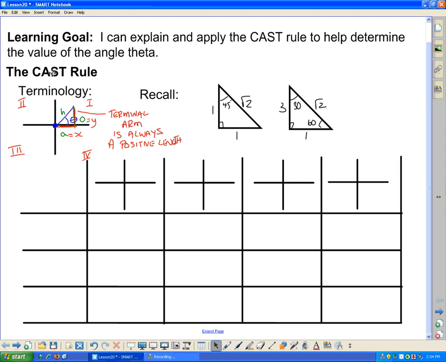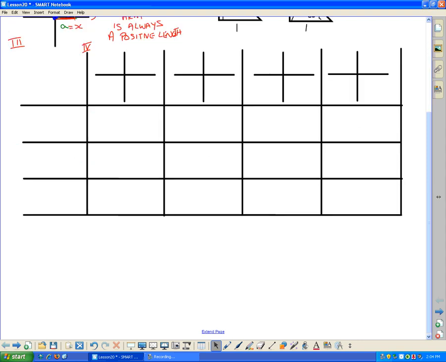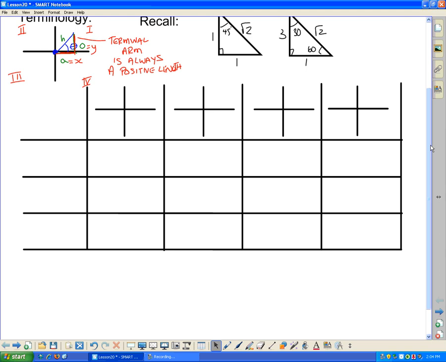Okay, so here we go with the CAST rule. I'm focusing on this chart that I have down at the bottom. With the chart, you're looking at our 3 primary trig ratios: sine theta, cos theta, tan theta. We know that sine theta is equal to opposite over hypotenuse, cos is adjacent over hypotenuse, and tan is opposite over adjacent. I'm going to look at the terminal arm in all 4 quadrants of the XY axes.